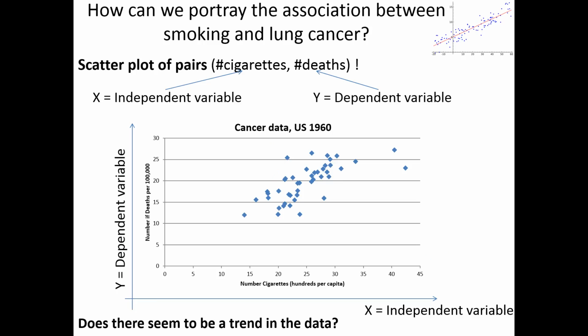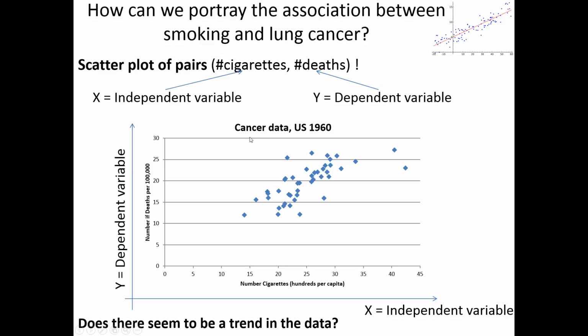But how can we see the association between these two variables? To see the association between two variables, you can make a scatter plot. In this scatter plot, the number of cigarettes is X, the independent variable, and the number of deaths due to cancer is the Y variable, the dependent variable.